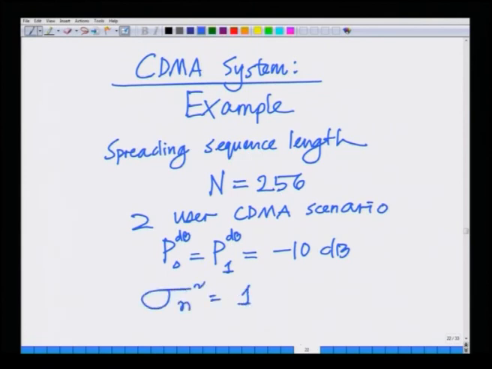The noise power sigma n square equals 1. I want to ask what is the bit error rate of this system. I am going to consider a simple CDMA system with 2 users, spreading sequence length n equals 256. The powers of the 2 users are minus 10 dB, sigma n square equals 1. What is the bit error rate?